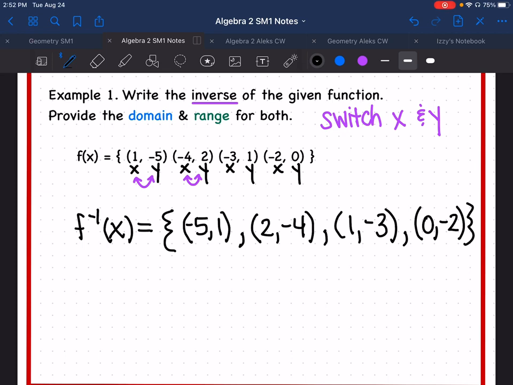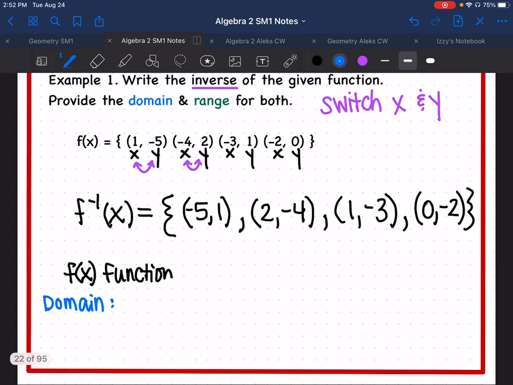Let's talk about the domain and the range. So let's do f of x, which was my original function. And let's talk about the domain. If you remember, the domain are your x values.